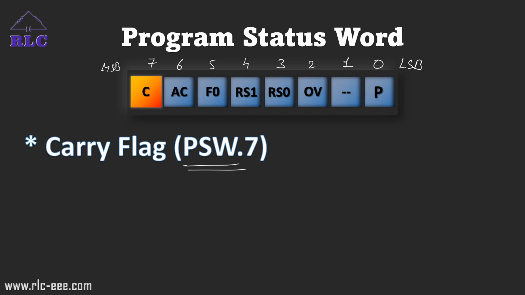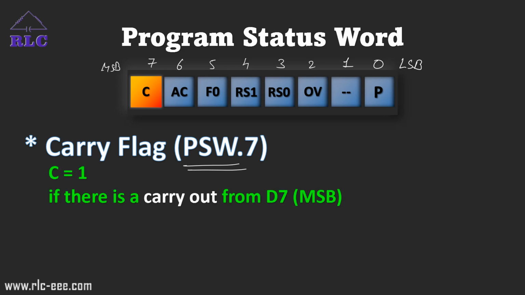This carry flag gets affected by arithmetic and logic functions. The carry flag will be equal to 1 if there is a carry out from the D7 bit, and it also gets affected when we perform a subtraction operation.